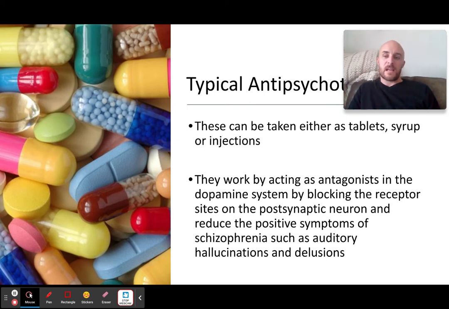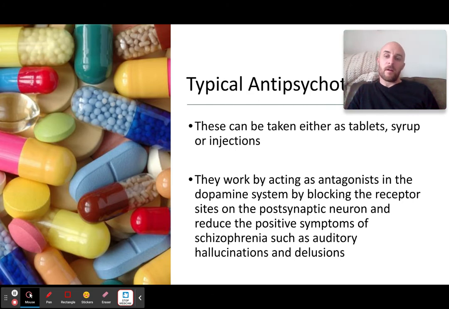Typical antipsychotics came about in the 1950s. One thing to write down is that they were the first wave. They were in the first wave of antipsychotic drugs that came about. They were one of the first drugs created, and they were largely aimed at tackling the positive symptoms of schizophrenia.